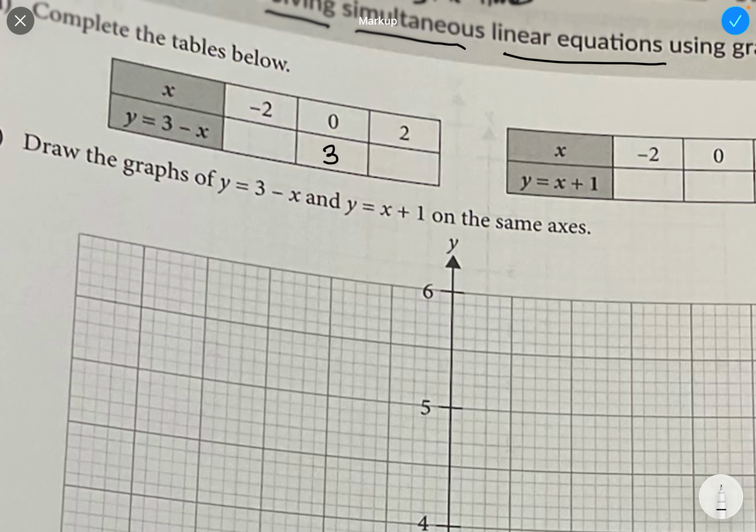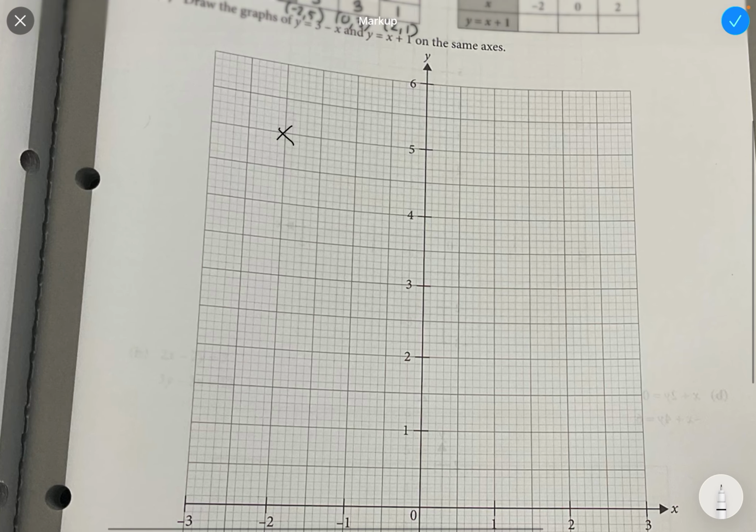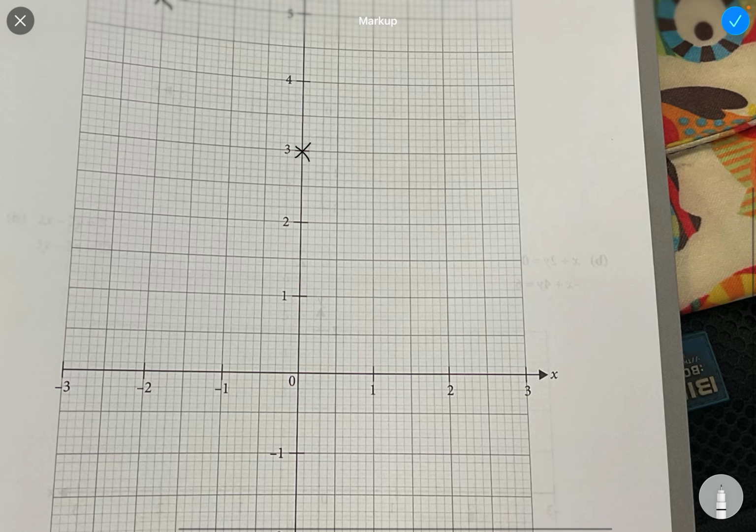Okay, so this first line is y equals 3 minus x, and this second line that I add is the line y equals x plus 1.